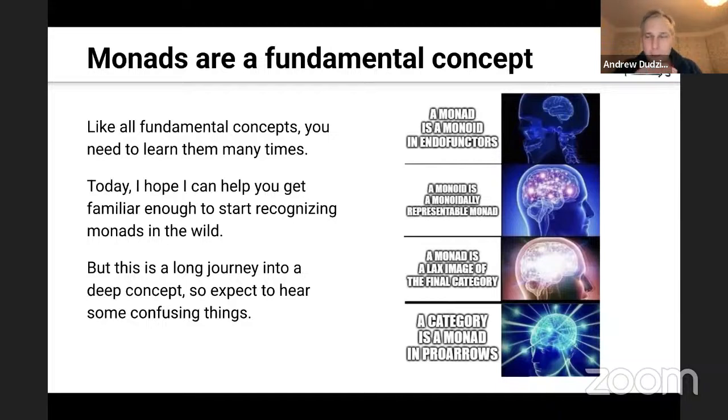And if I do this correctly, I should get either, well, let me, if I do this laxly, actually, how do I get monoids this way? Anyway, you can definitely get monads this way.